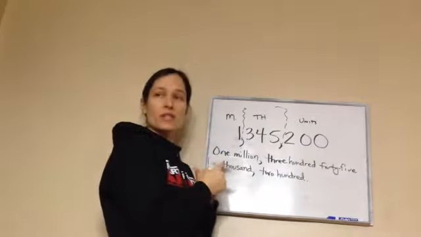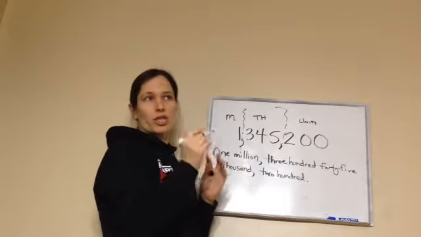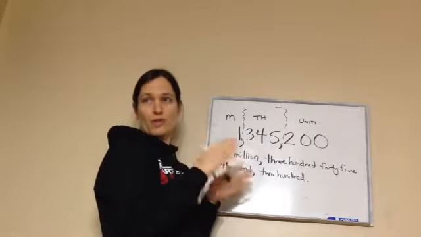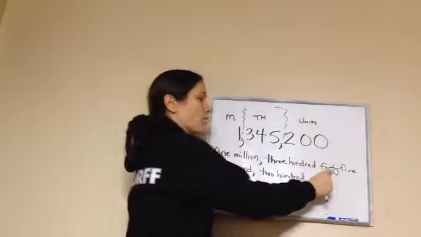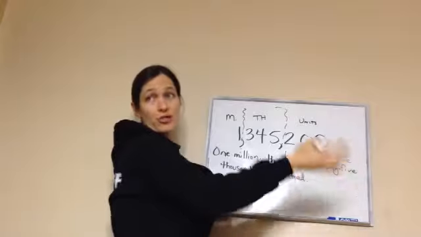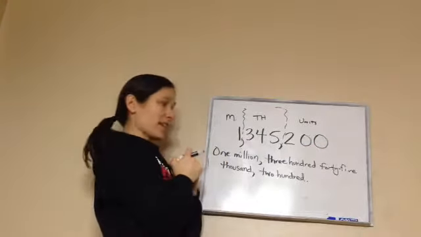You don't do anything with the hundreds, just the double-digit numbers. 25, 26, 89. So 45, we put a dash. 99, we put a dash. Okay, you get it? Yes.